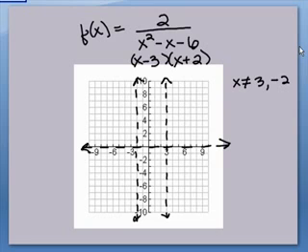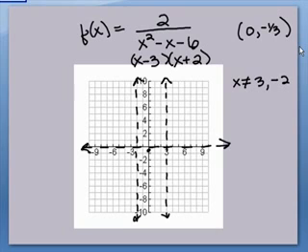Now we just need to find some points. The y-intercept is one that you can figure without a calculator. For the y-intercept, we plug in 0 for x. If we plug in 0 for x, we get 2 over negative 6, so we get a negative 1/3. We'll plot that, 0, negative 1/3. Then you can take a look at the graph to see what's happening.